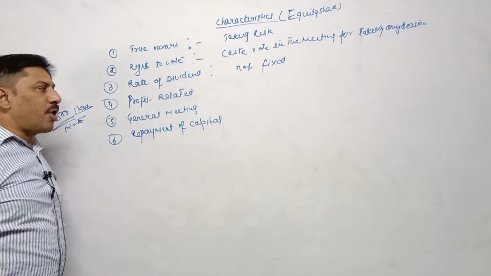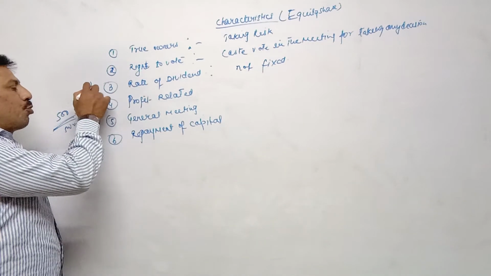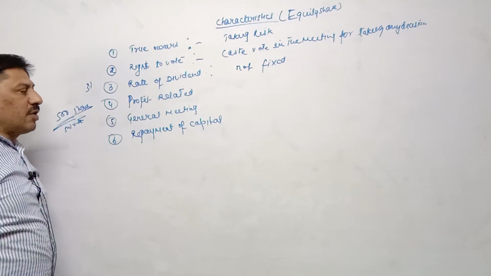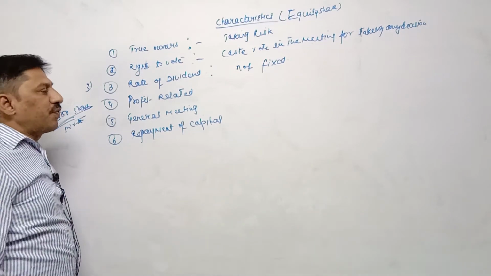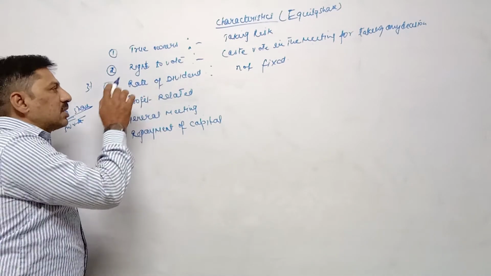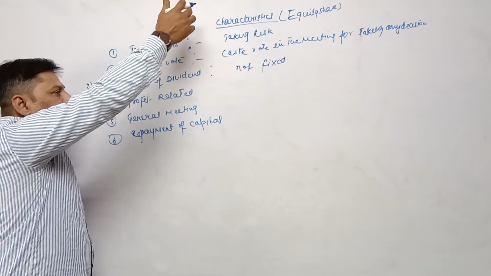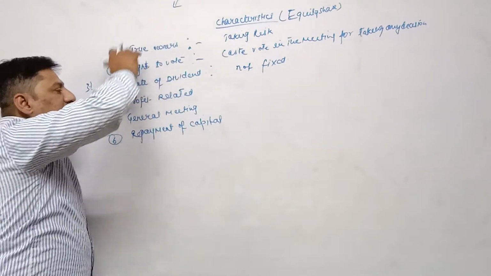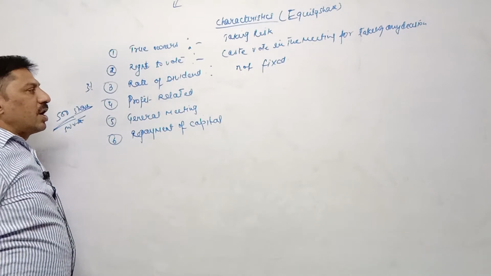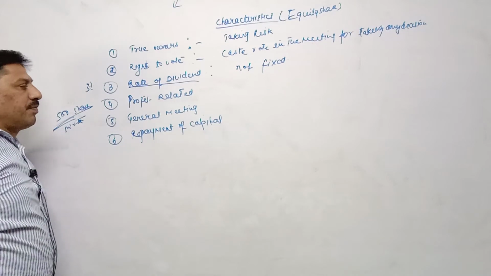It depends upon profit. Rate here means percentage, 3%, 2.5%. So rate of dividend is not fixed. That's why dividend amount is also not fixed, because rate of dividend means 3%, 2% of profit. If profit is more, we will get more dividend. If profit is less, we will get less dividend. So the rate of dividend does not remain fixed every year.